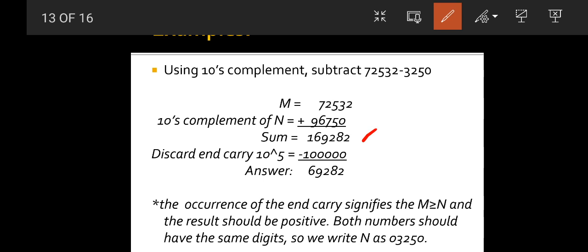So the next step is you have to determine if your m is greater than or equal to your n, or is it less than your n?